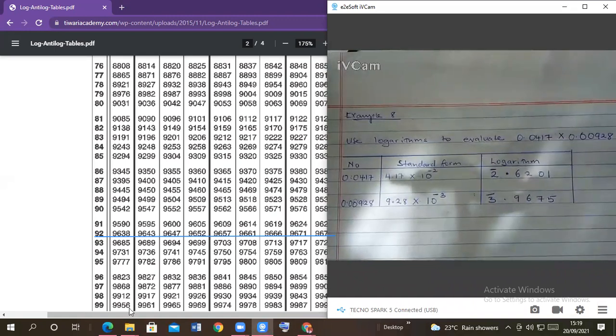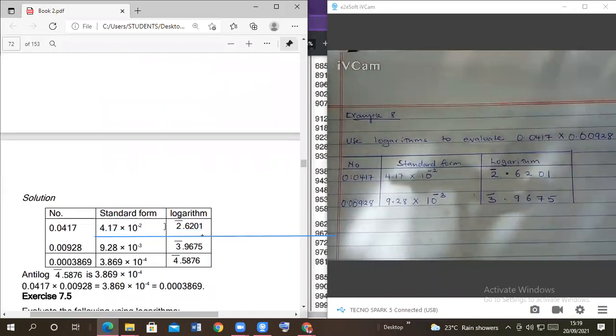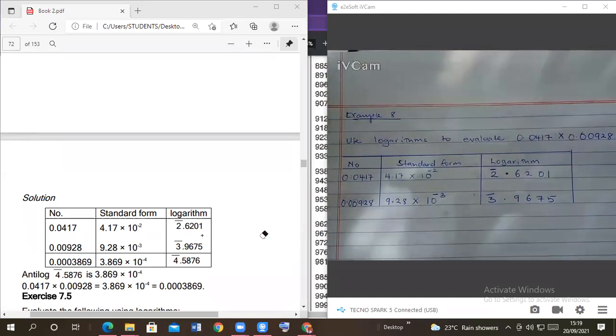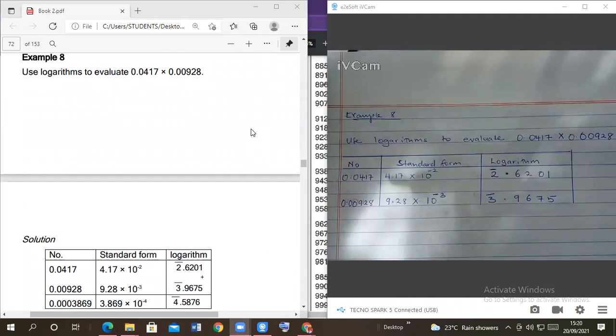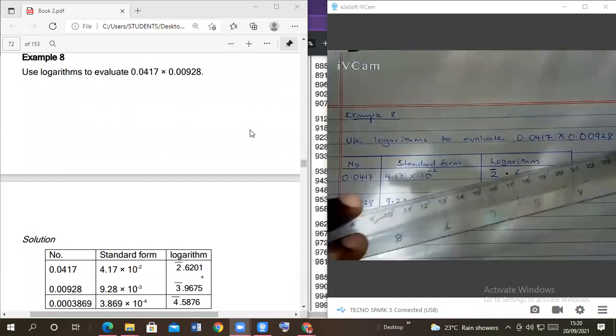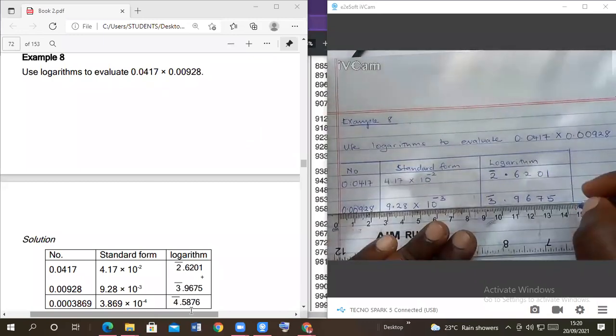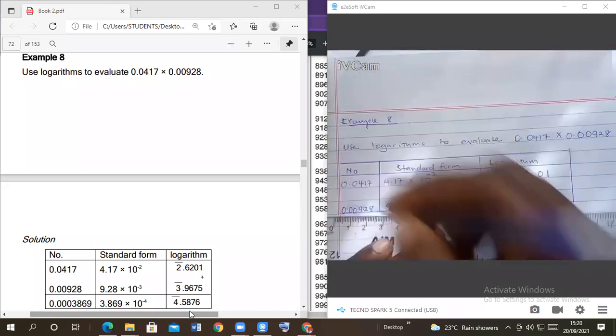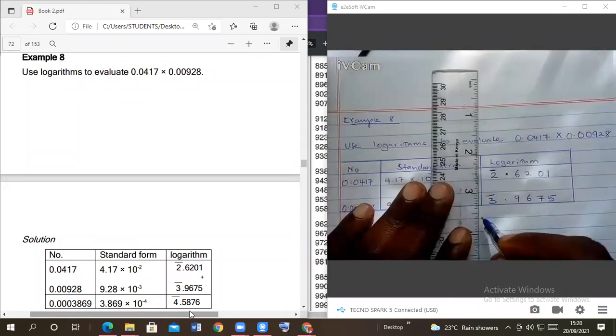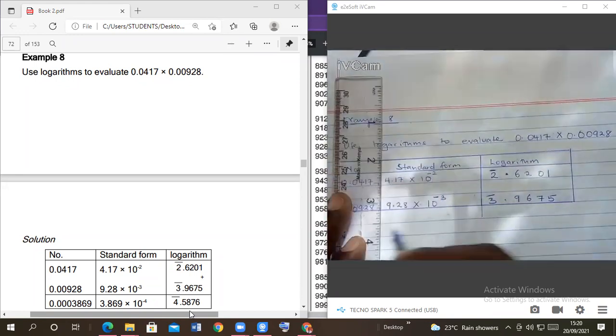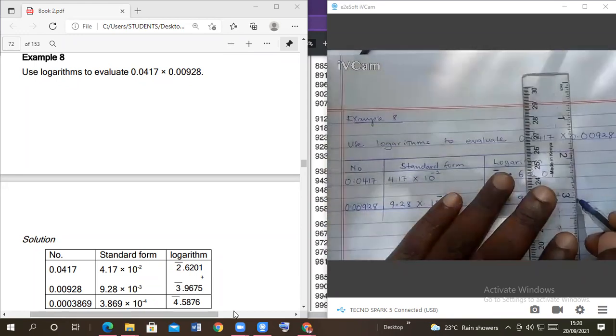Okay, let us see whether we're on the right track. So the next thing we are going to do is add up those logs, even with their negatives. We shouldn't be afraid of negatives.